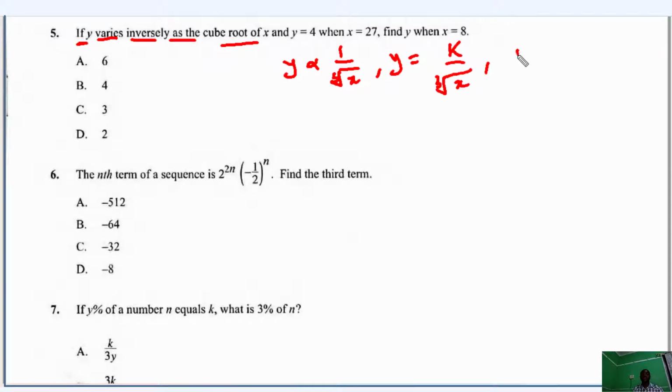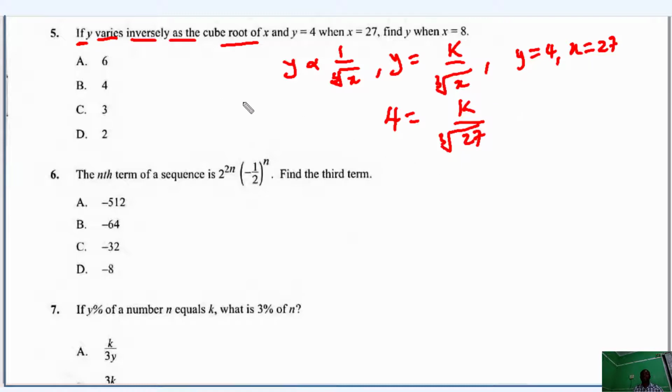Now they are saying that y is equal to 4 when x is equal to 27. So let's do substitution: 4 is equal to k over the cube root of 27.